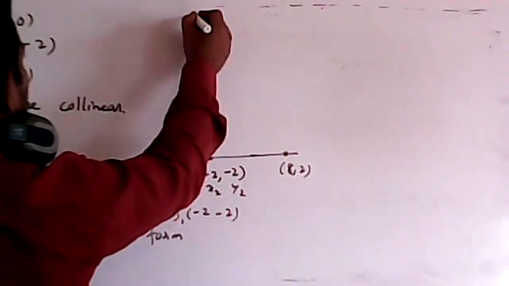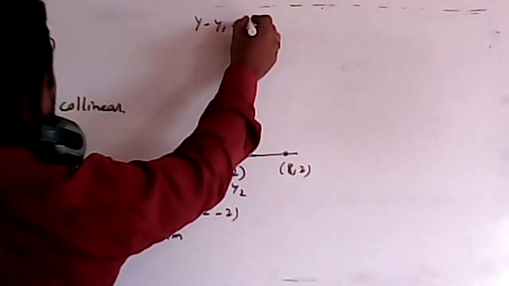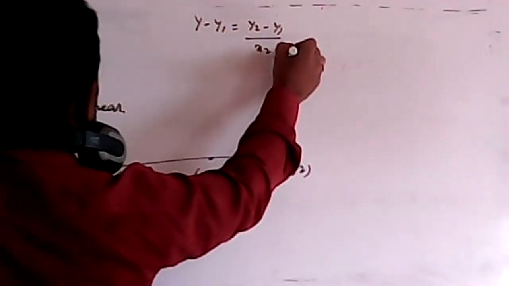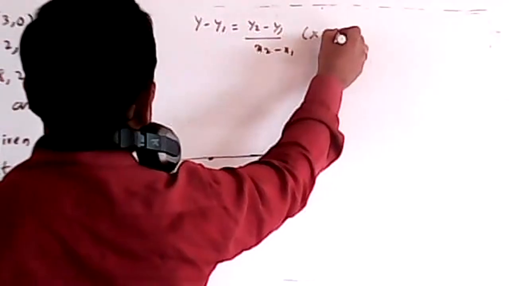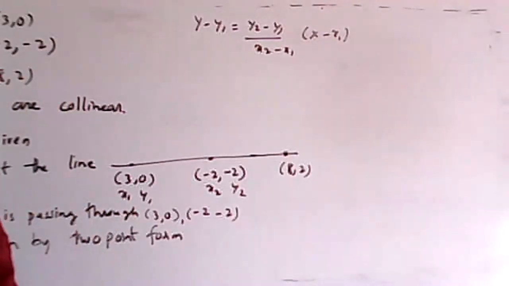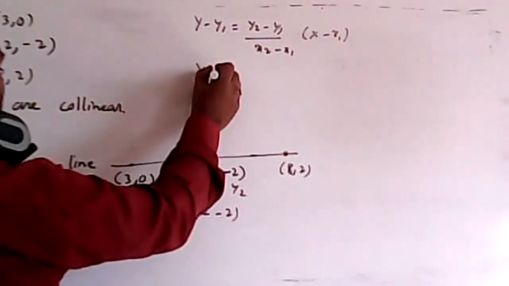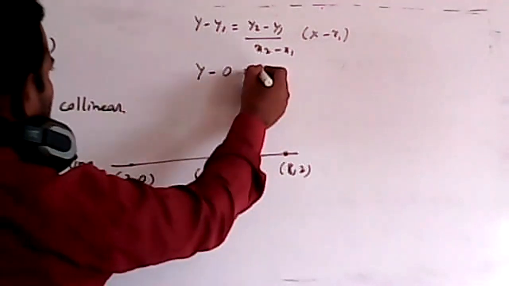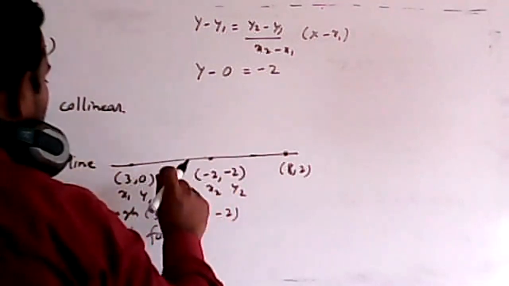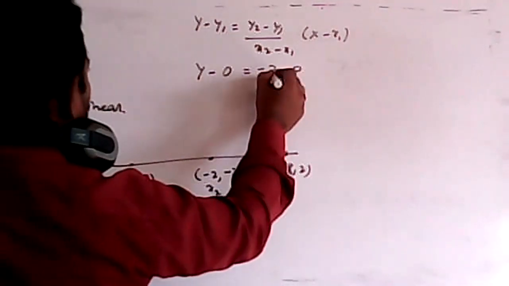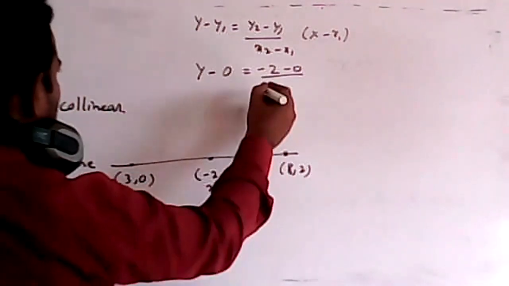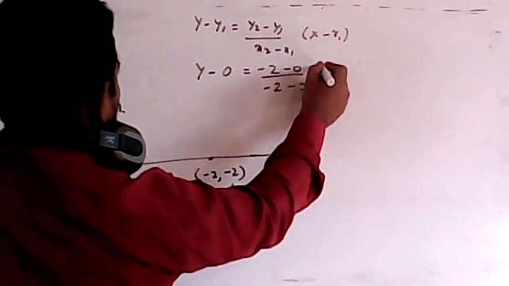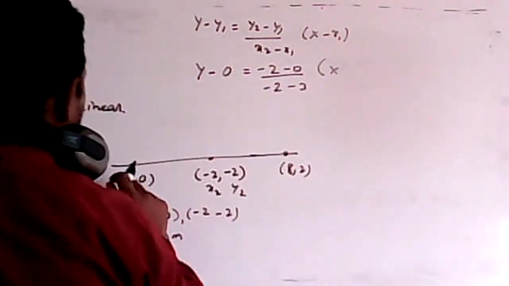So the 2-point formula: y minus y1 is equal to y2 minus y1 divided by x2 minus x1 into x minus x1. So y minus y1, y1 is 0, correct? y2 is minus 2. y2 minus y1 is minus 2, right? x2 minus x1, x2 is minus 2, x1 is 3, correct? Into x minus x1, which is 3.